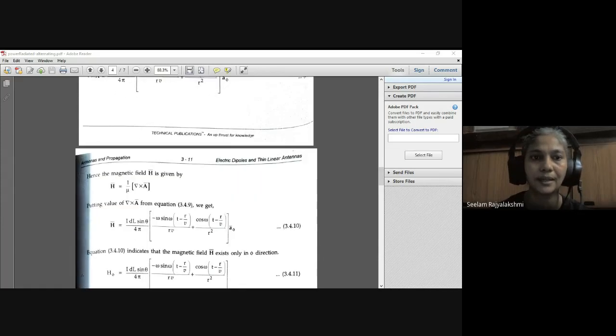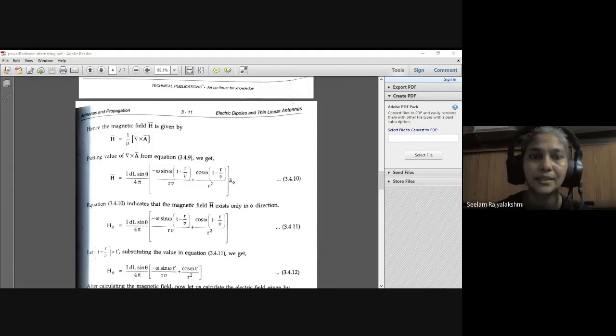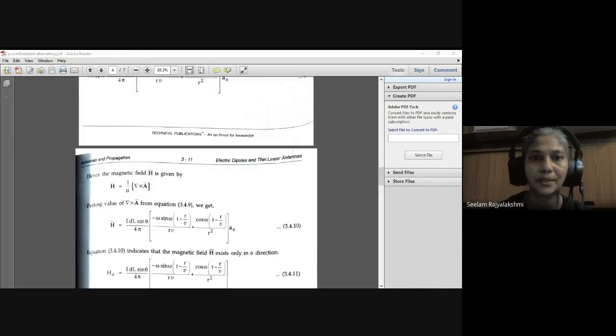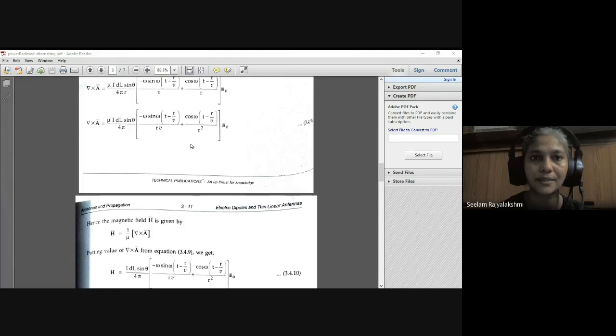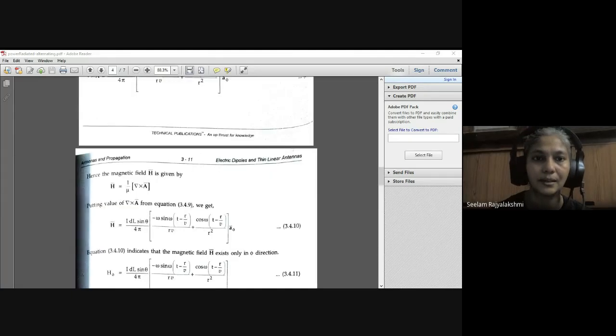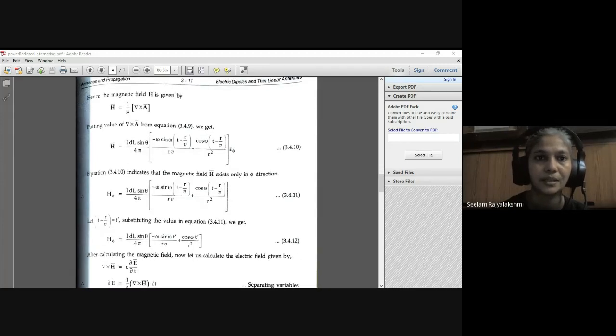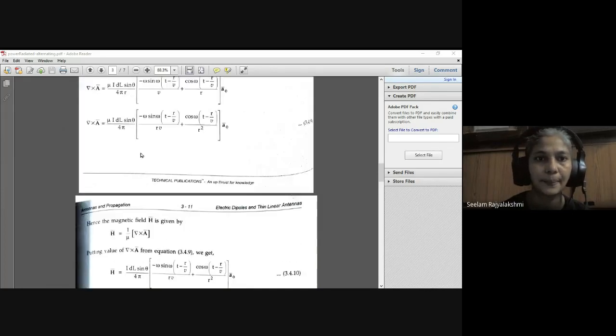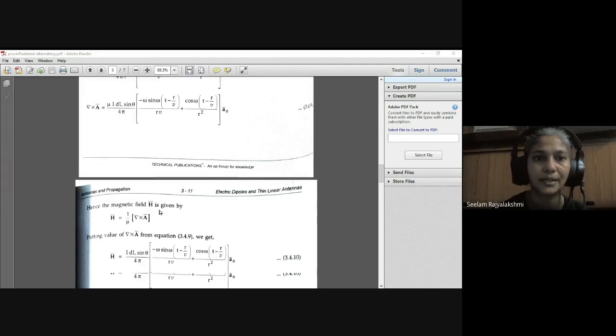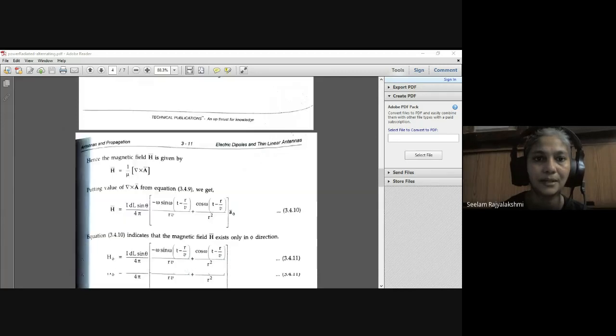Equation number 9. So hence the magnetic field H bar is given as H bar equals to 1 by mu del cross A. Putting the value of del cross A from equation 9, by replacing it here in place of del cross A, we will obtain H equals to 1 by mu del cross A. By cancellation, 1 by mu and the mu in the numerator get cancelled, so finally we will obtain this one.